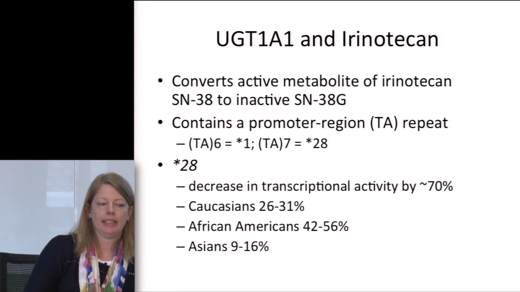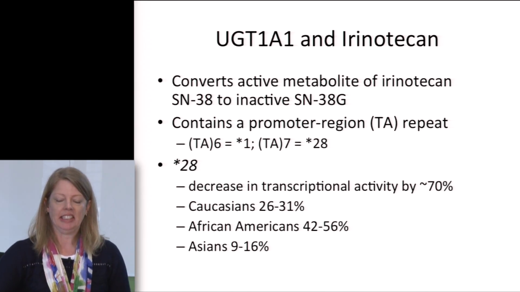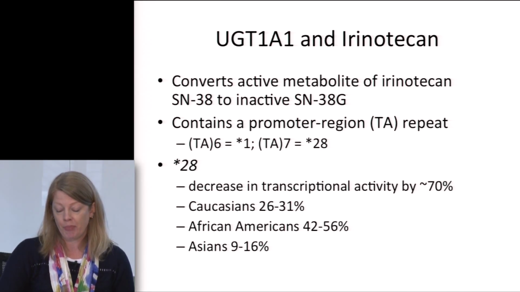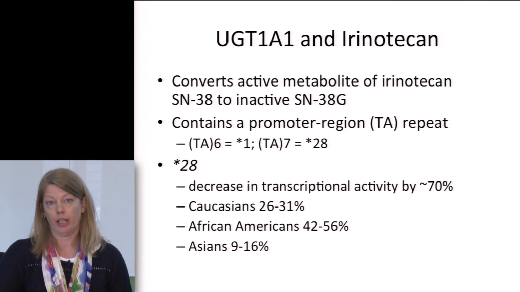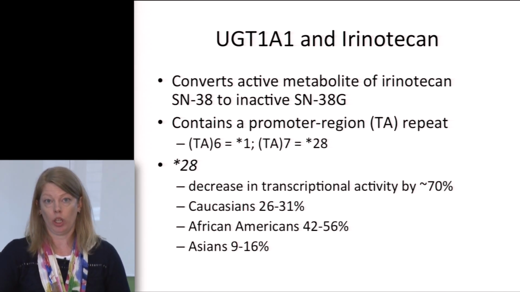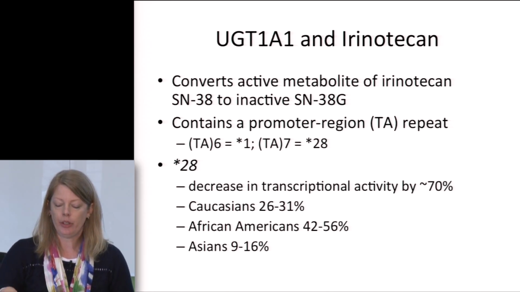UGT1A1 contains a promoter region repeat. So it's a bunch of TAs over and over again. So 6 copies of the TAs in the promoter region is what's considered wild type. Normal activity, so star 1. If you have 1 more TA group, so you have 7 repeats of that, you're designated a star 28.